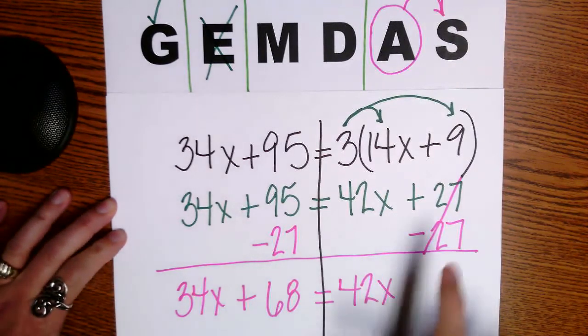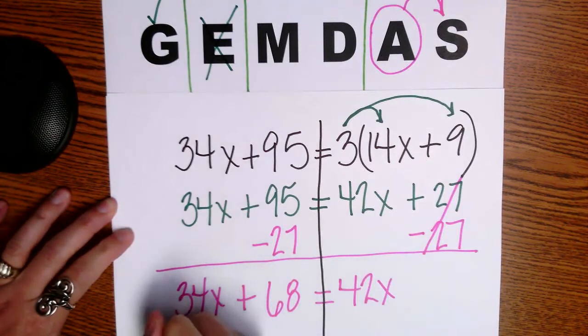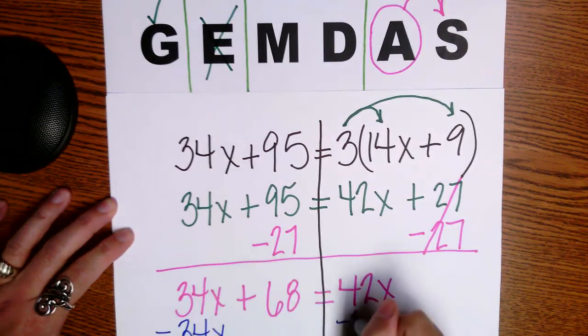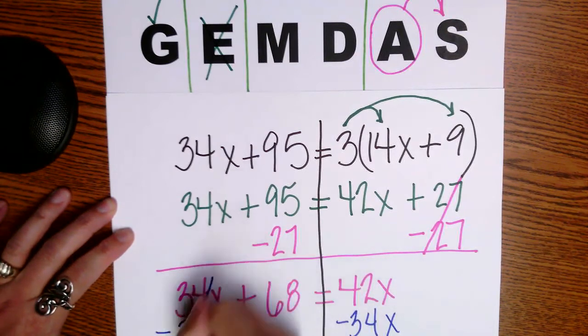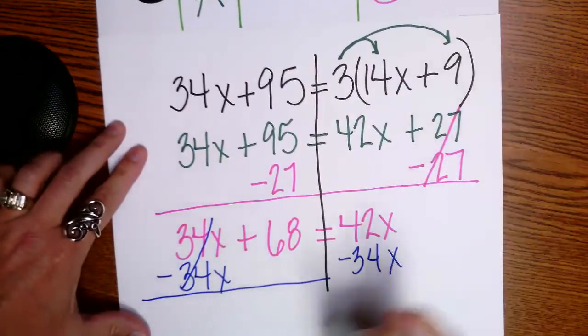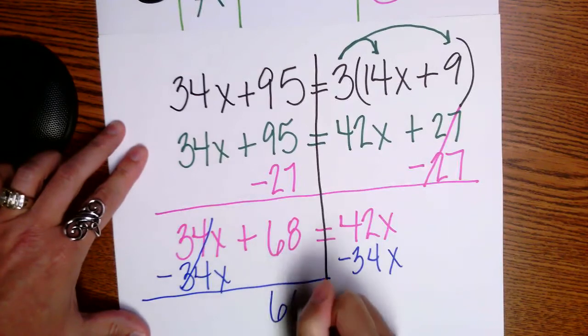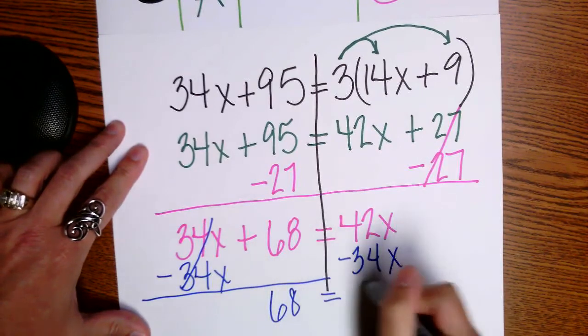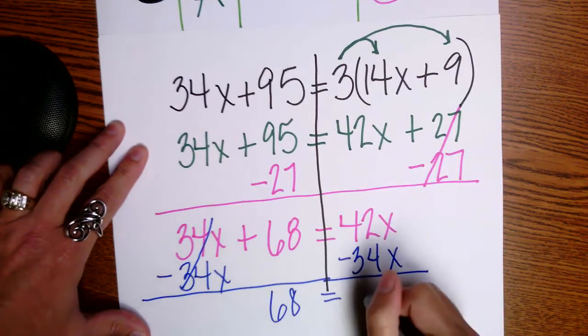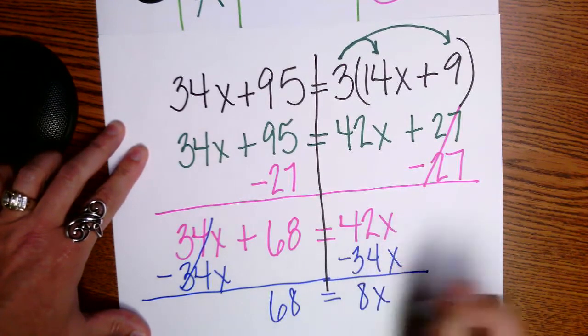And so much like I did in the step above, I will subtract 34x from both sides. Bring down my 68, subtract 34x from 42x, that leaves me with 8x.